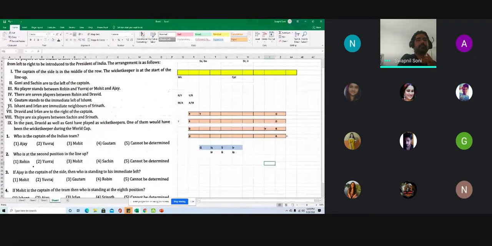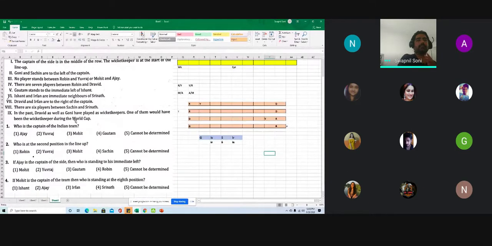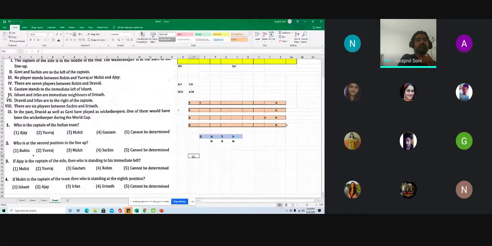Next. There are 6 players between Sachin and Srinath. So again, Sachin and Srinath.